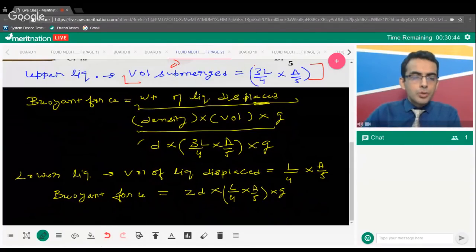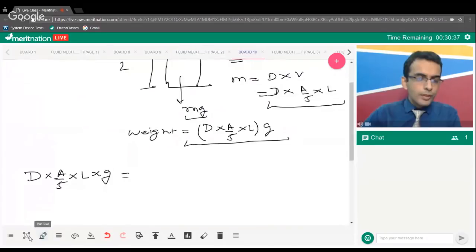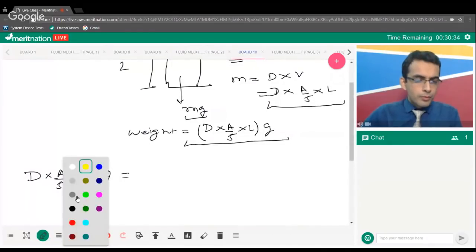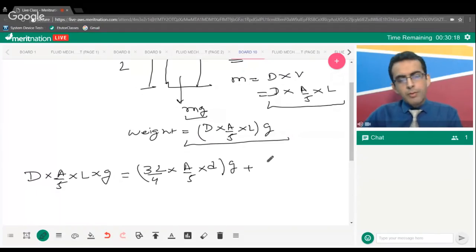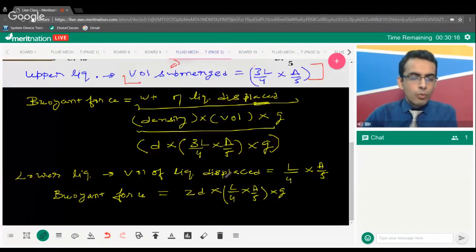Okay, so this is the buoyant force by the upper liquid. So simply write it there. So you can say it's equal to 3L by 4 into A by 5 into small d into small g, plus for the other liquid, it's equal to 2D into L by 4 into A by 5 into small g.